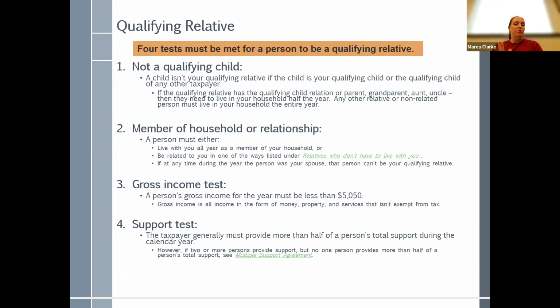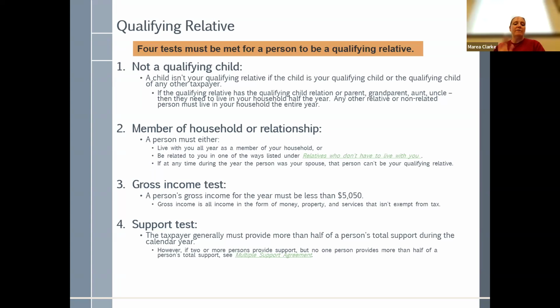So they could live with you all year, or be related to you in one of the ways. I didn't include it here, but there's a list of people that don't have to live with you. Generally think parents. And if at any time that person was your spouse, that person cannot be a qualifying relative. Remember, a spouse is never a dependent, never a qualifying child or a qualifying relative.